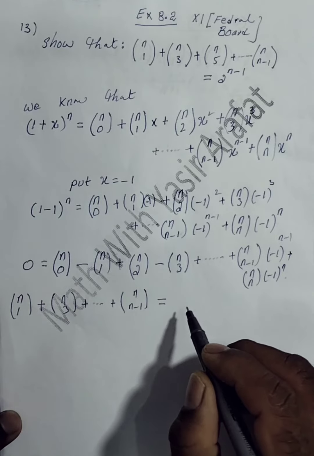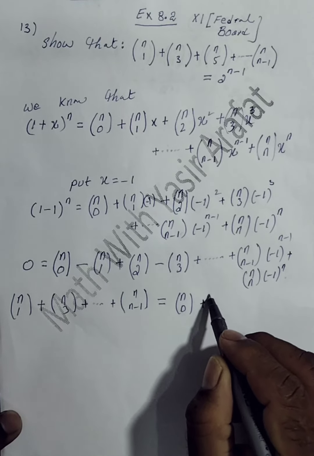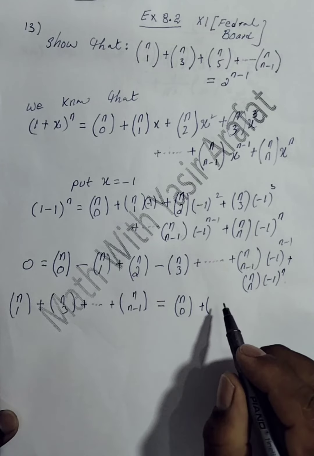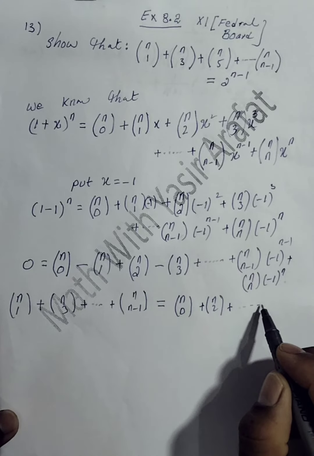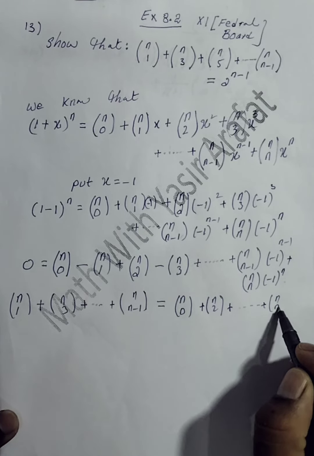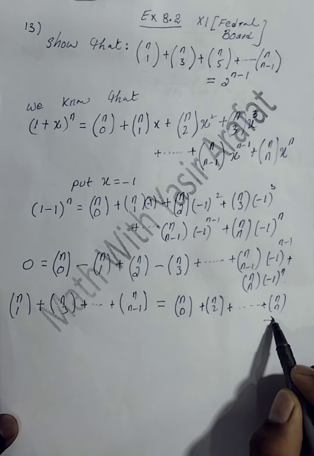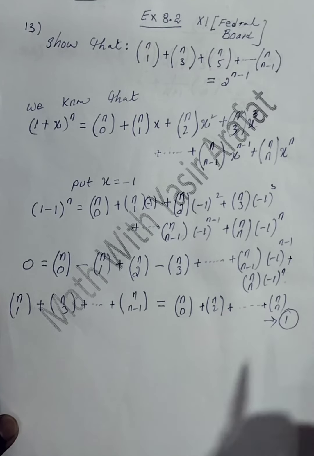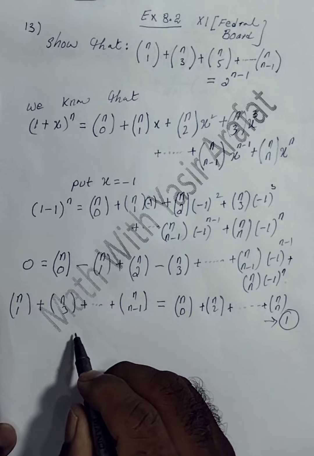So this is nC0 plus nC2, and so on, up to nC n. This is equation number 1.